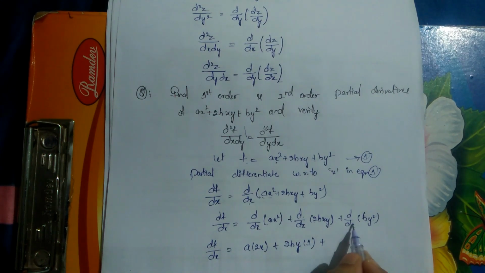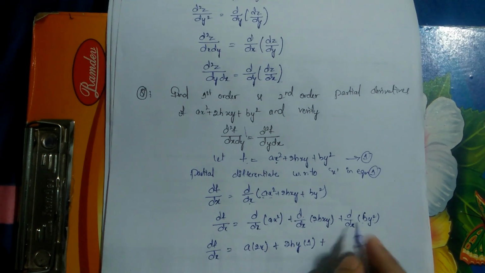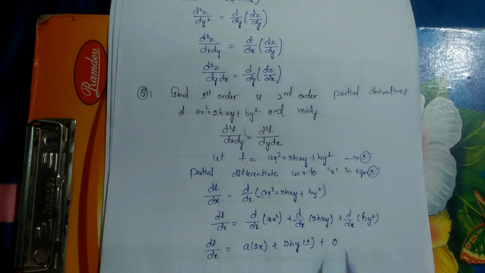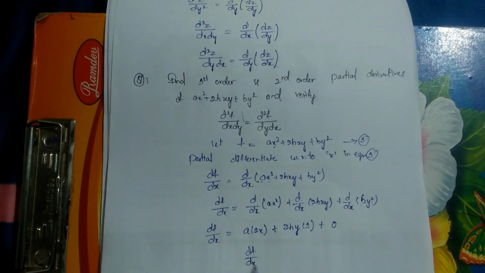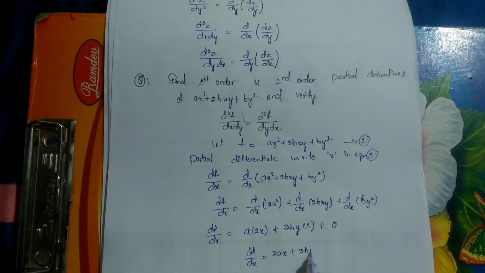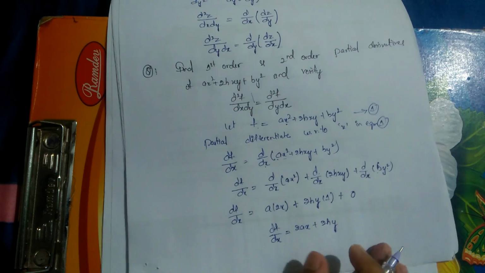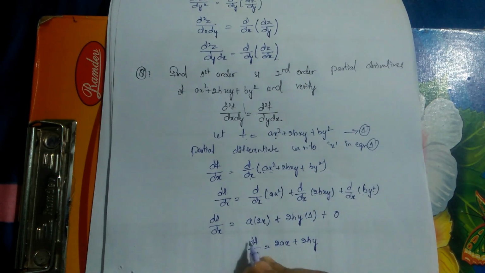Here we are differentiating with respect to x. As there is no x variable in this term, the whole differentiation becomes 0. So finally dou f by dou x is equal to 2ax plus 2hy, the differentiation of the function f with respect to x.